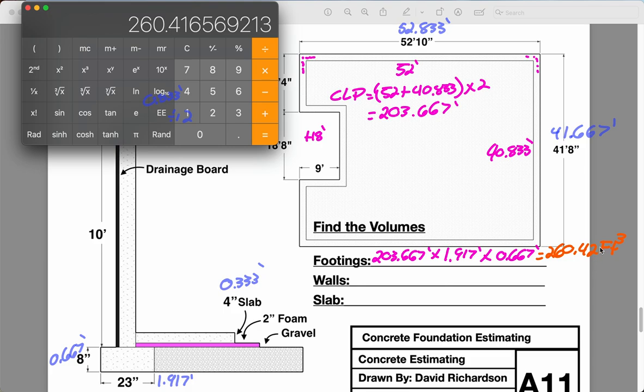Now we know we want our final answer in cubic yards, so we divide that by 27. Our final answer there is 9.65.